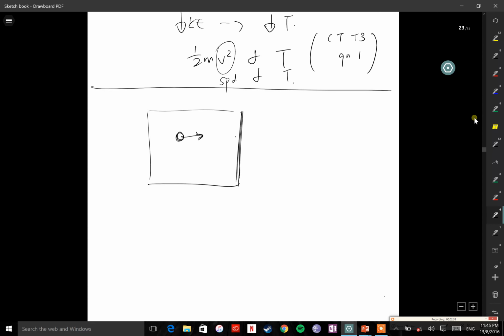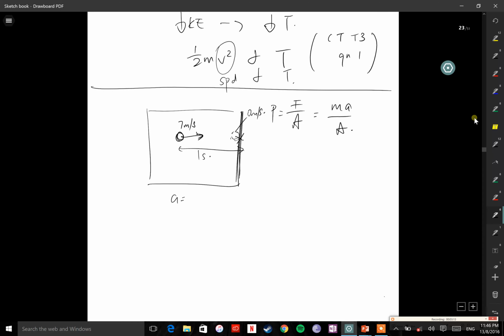You do remember that pressure is effectively force over area, and force is effectively mass times acceleration. So if the molecule is moving at 7 meters per second, it ends up here, and the velocity becomes 0 meters per second. Let's say this entire event took place in 1 second.